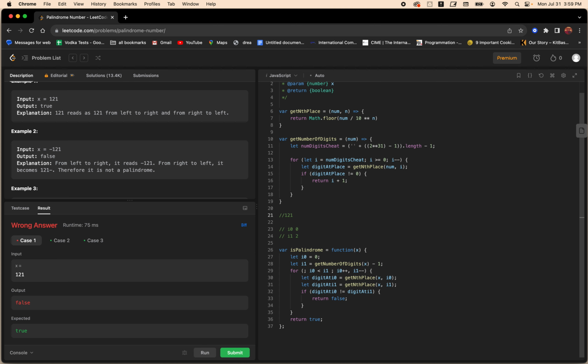I was thinking that i0 would be this left one, but it's actually the right hand one. Digit at i0 is getNthPlace of this. If they're not equal, we would be returning false. I did at some point output false. So these did not turn out to be equal.